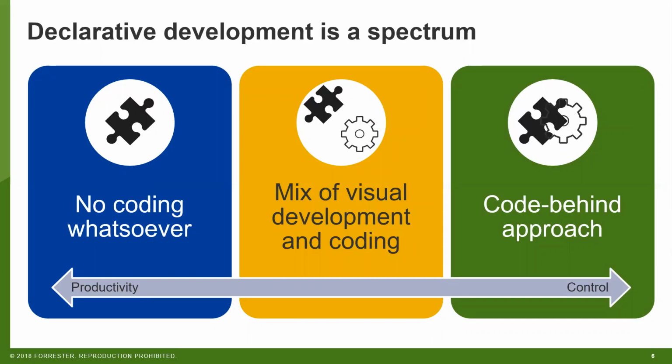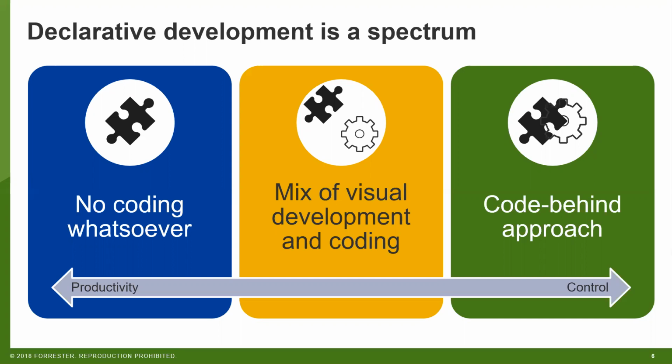Now, it's important to recognize, as I said in the beginning, that declarative development is actually a spectrum of techniques and tools, and all of the products embrace the spectrum in different ways. All of the products can raise your development speed, and they're all really useful.